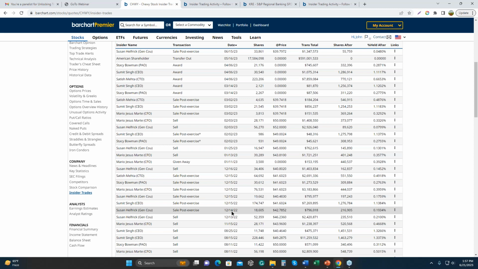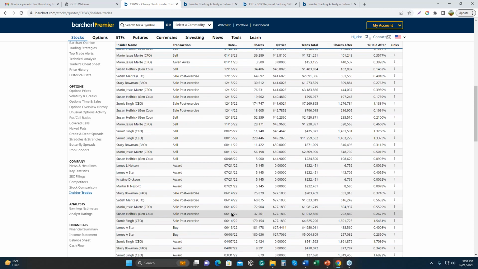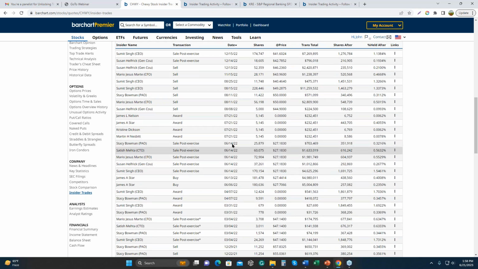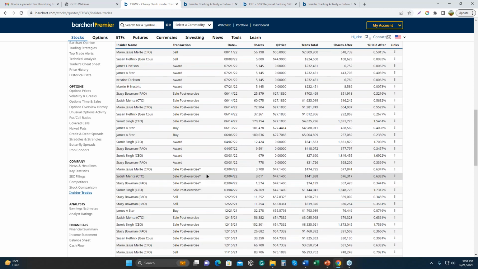Maybe quarterly or at the end of their corporate year. Here's June 14th. So maybe what we're seeing here is these individuals are selling as the window of their options becomes available, and they get the options and they sell. Now, what I do see here is that this is a consistent pattern with these folks.